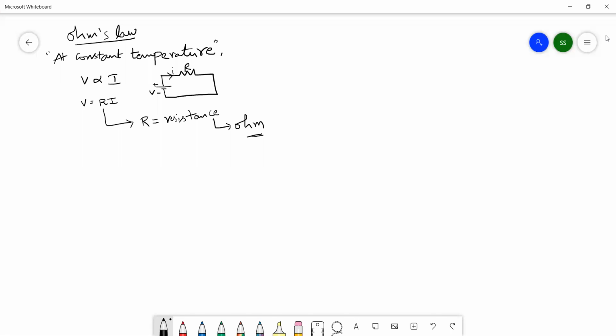Now we have the information on what Ohm's law is, at which condition it needs to be followed, and what the formula is. And what are the limitations of this law? Everything has some limitations. Every statement proposed by any scientist has some limitation. So are there any limitations for Ohm's law?